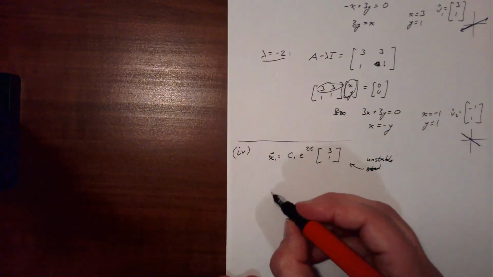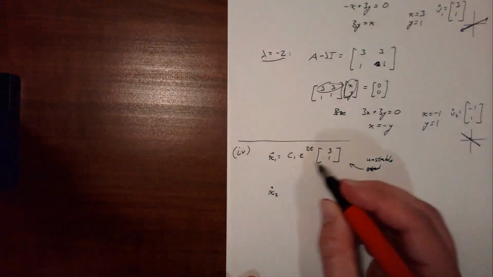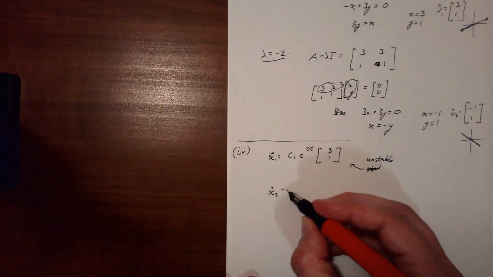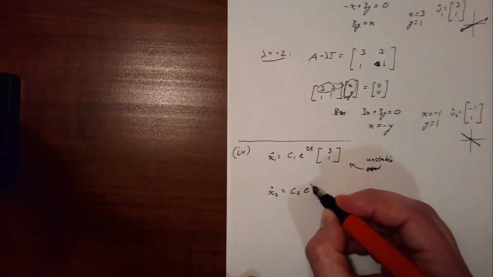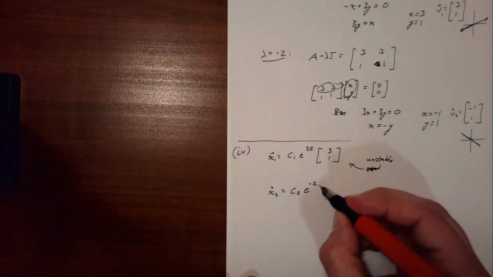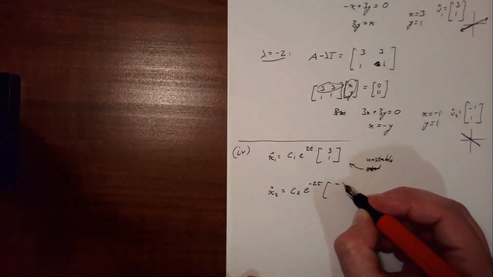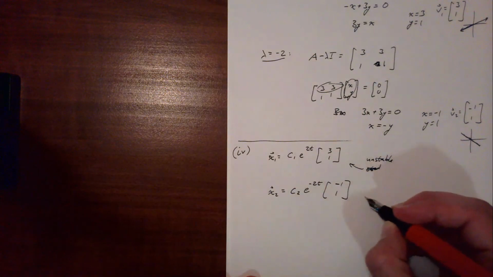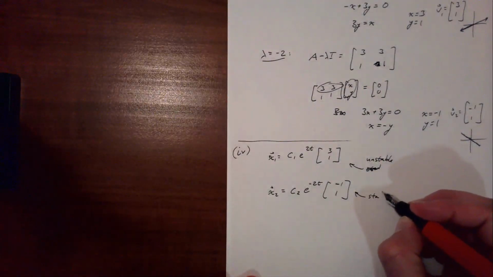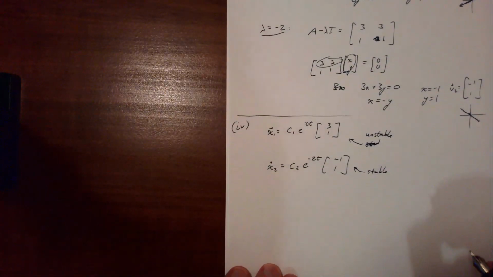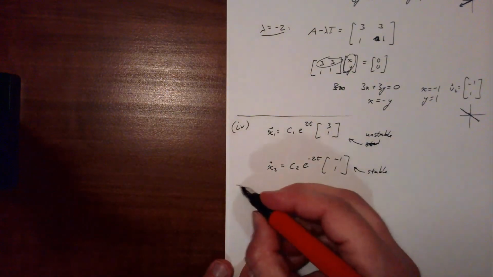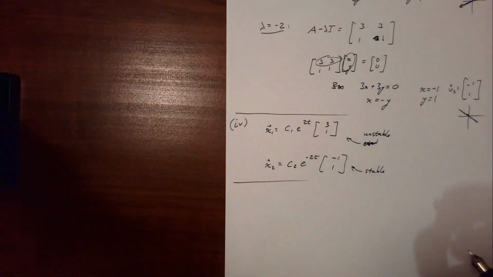Unstable because the lambda is positive, meaning that the solutions are coming out from the origin along this vector. x2 equals c2 e to the negative 2t times (negative 1, 1). This one is stable. And that's because the eigenvalue is negative, meaning that that vector is the direction along which they will be going into the origin.